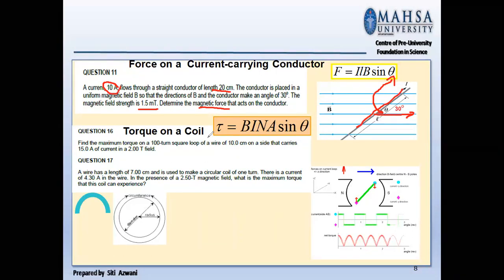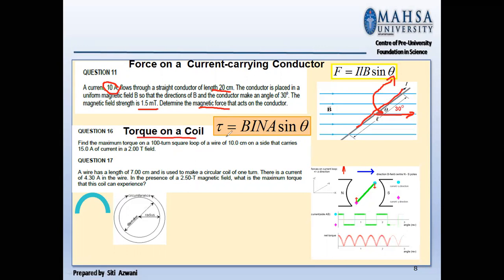We jump to question 16 and 17 first. Don't worry, later I will discuss number 12, 13, 14, and 15. Question number 16, 17 and 18 is talking about the torque on a coil.